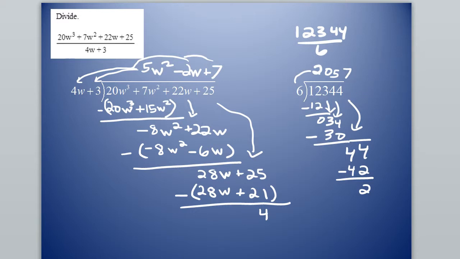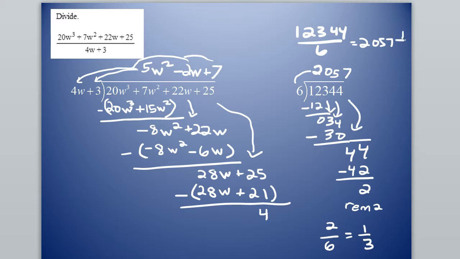And what we would do would be, we would say that the answer would have a remainder of 2. Instead of saying, REM 2, the way we can write the answer is we can say that it's 2057, and then we take that remainder and we put it over what we were dividing by, and it ends up being reduced to 1/3.